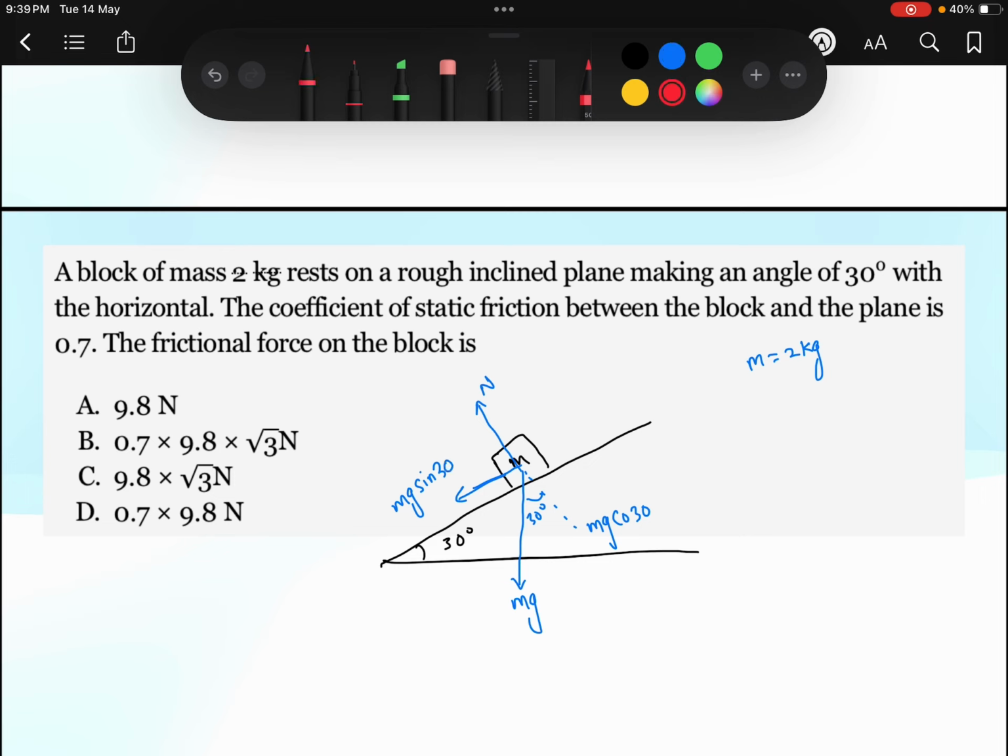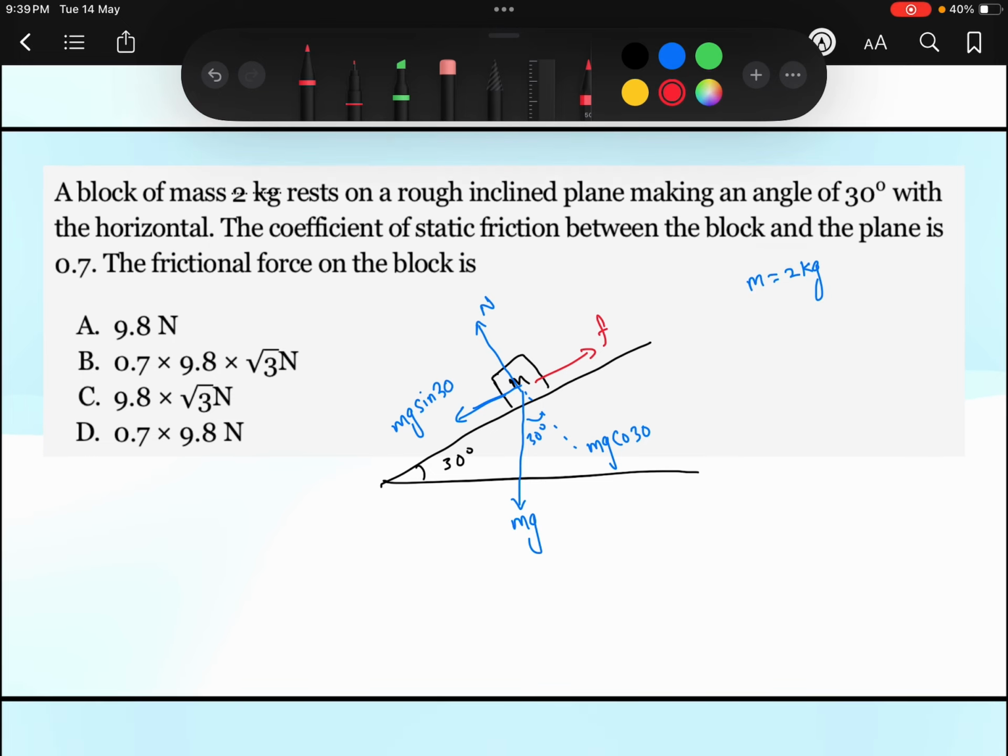Also the block is having tendency to move downward along this inclined plane, so there will be a frictional force acting on this block, that will be let us suppose it is F. So for this block to remain in the equilibrium position, let me consider the equilibrium perpendicular to this plane.